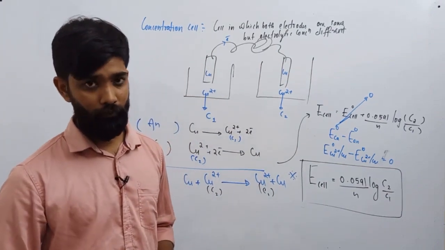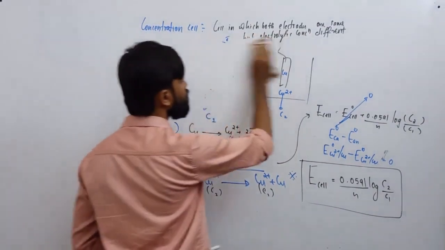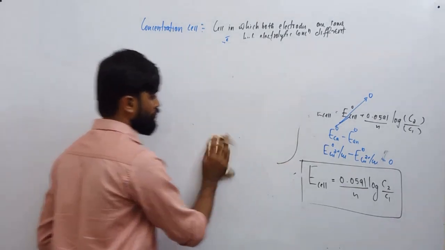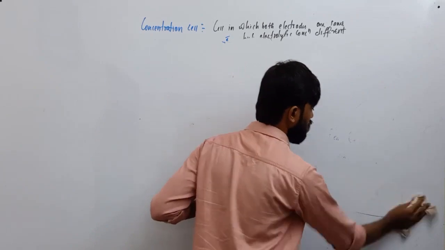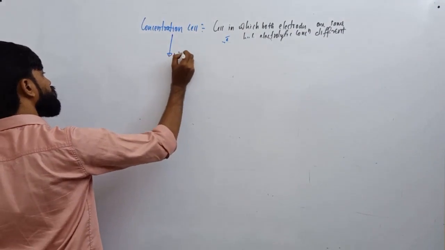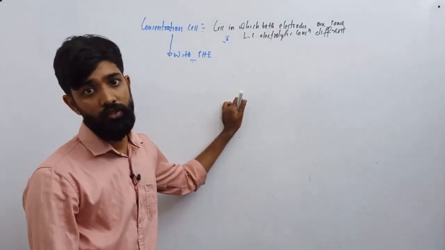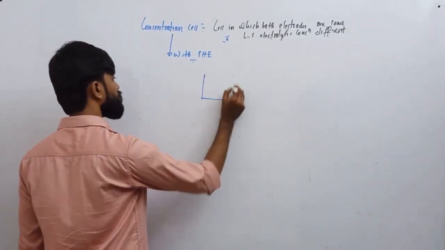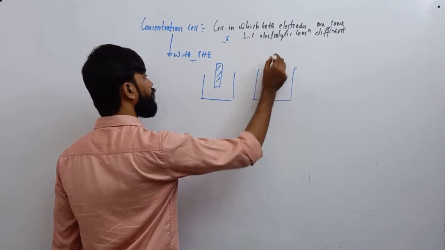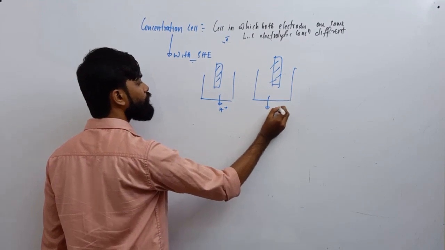But one more change is that if the concentration cell is with SHE, then there is one more change. That is the last case in this category. Concentration cell with SHE means the anode is SHE, the cathode is also SHE, but the anode has an H+ concentration and the cathode also has an H+ concentration.